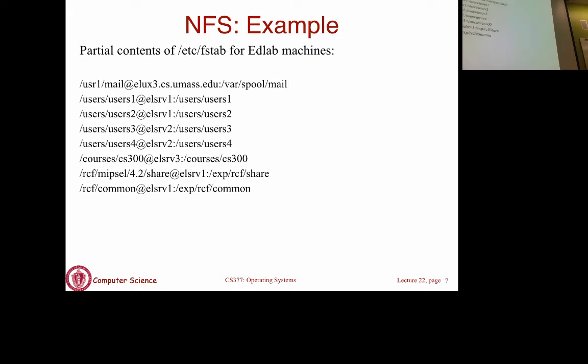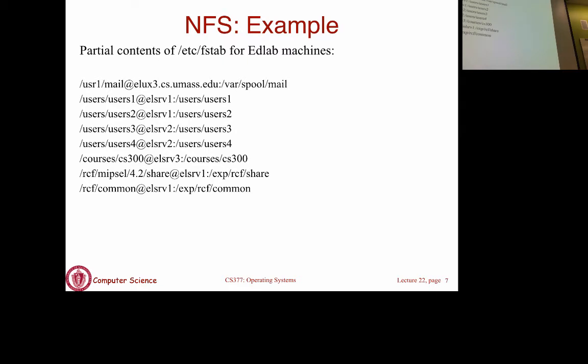This is referred to as NFS's mount protocol. Mounting is the process of setting up these mappings. You can set them up at boot time, and you can also configure them after the machine has been set up.